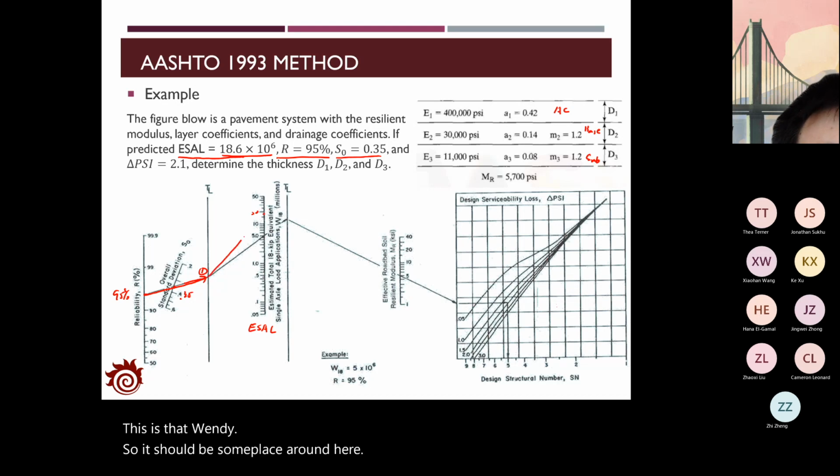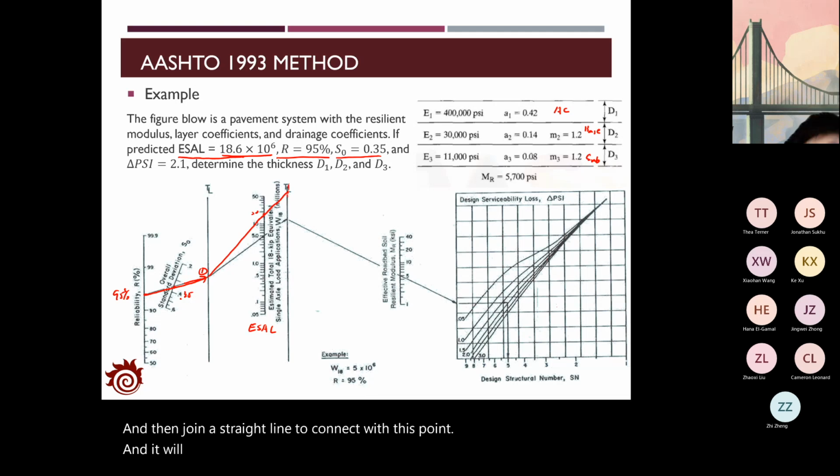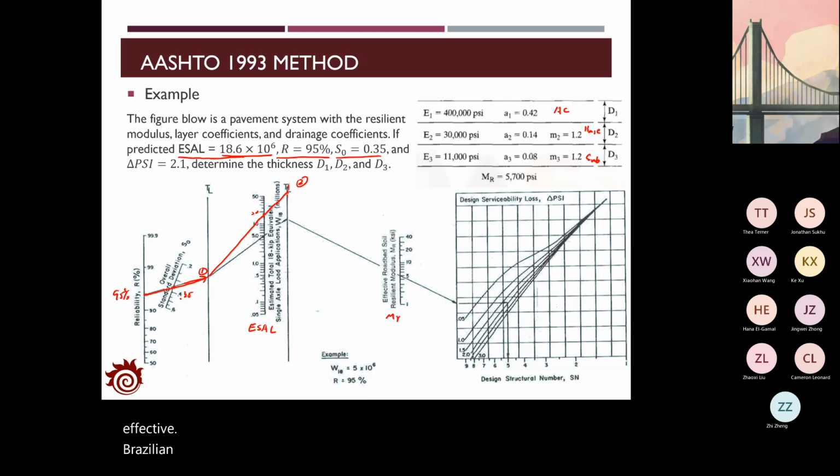And then you draw a straight line to connect with this point, and it will intersect with the second turning line. That will be the second point. And the next thing we need to do is connect the second turning point with the effective resilient modulus of the sub-base layer and the subgrade layer.